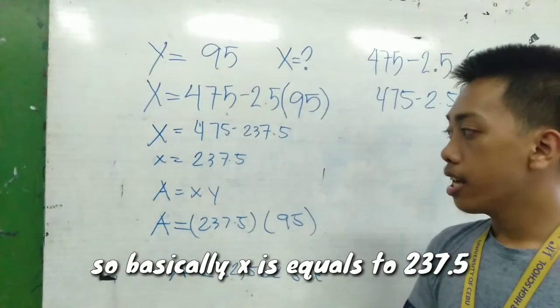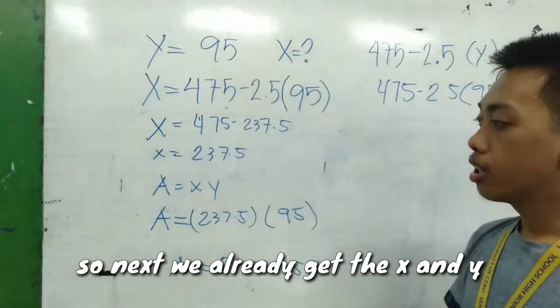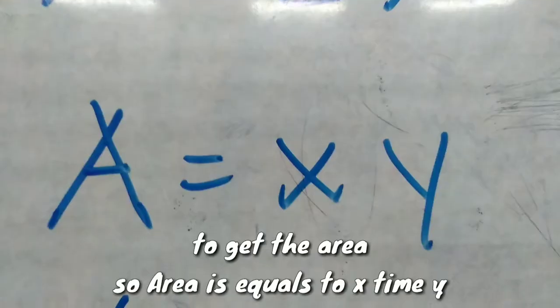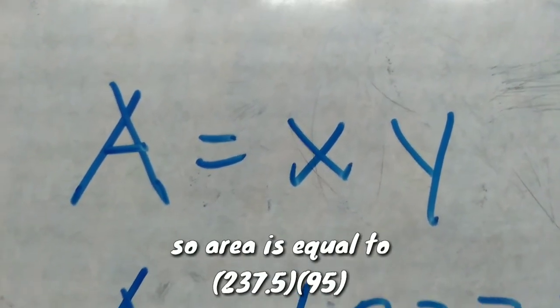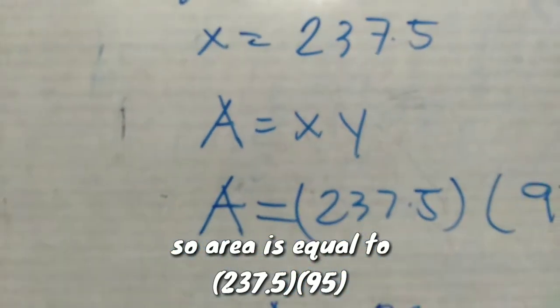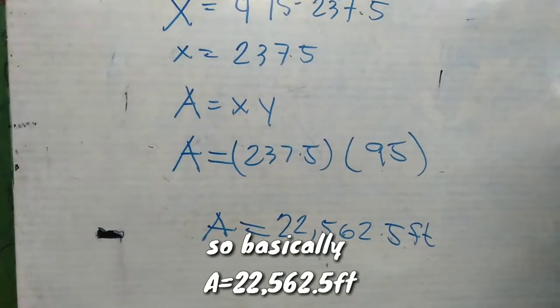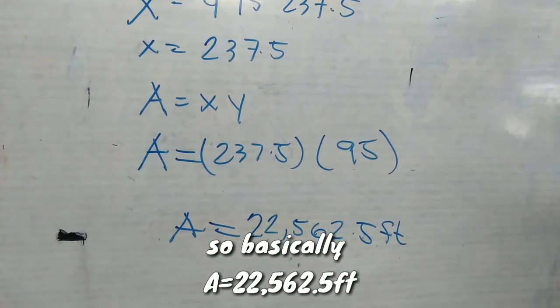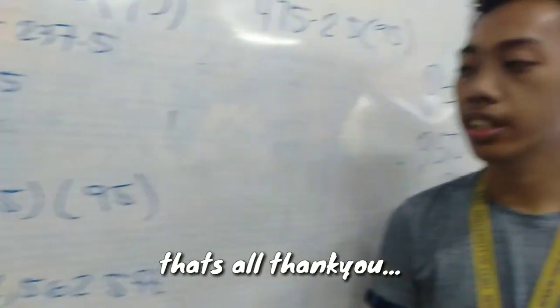So basically x is equal to 237.5. Next, we already get the x and y, so we need to get the area. Area is equal to x times y. So area is equal to 237.5 times 95. So basically, area is equal to 22,562.5 feet. That's all. Thank you.